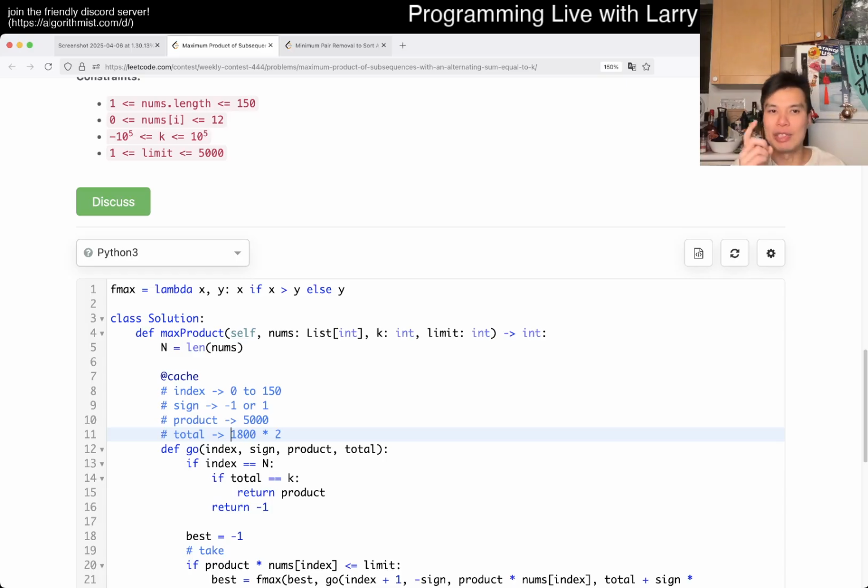What I mean is that the max number cannot be 1,800, because it's not just 12 times 150, since you have to subtract every number. So maybe alternatively it's 12, 0, 12, 0, 12, 0, 12, 0, right? And as a result, you just divide it by 2, so it's 900, right? Okay, so now we reduce this.